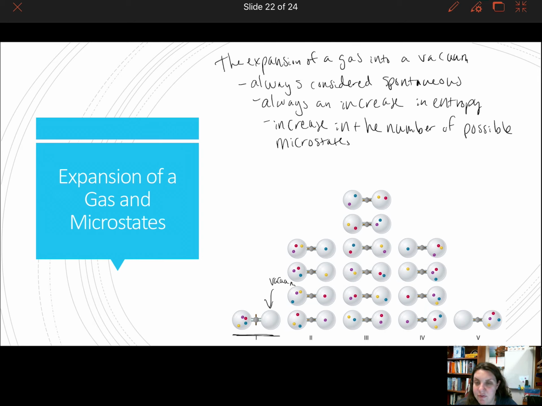So when we have just a few gas molecules hanging out in one bubble, and then we open it up to that additional bubble, we increase the amount of possible arrangements.